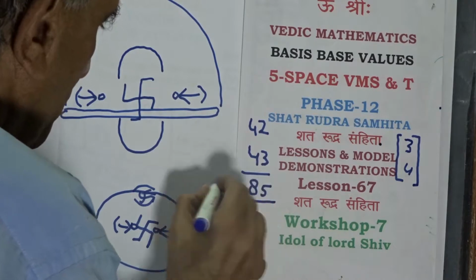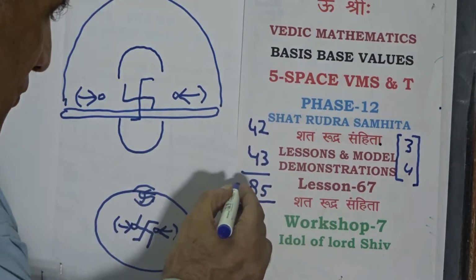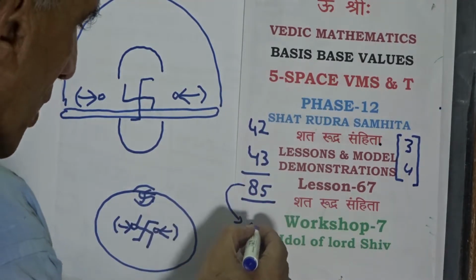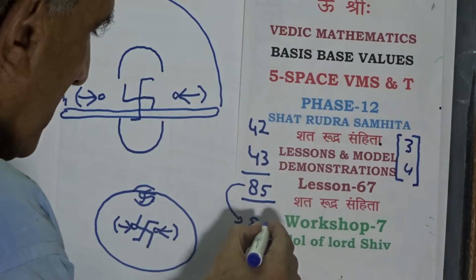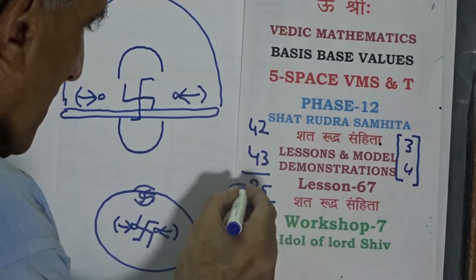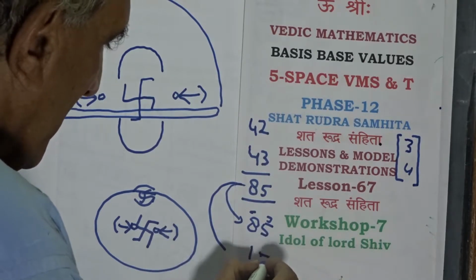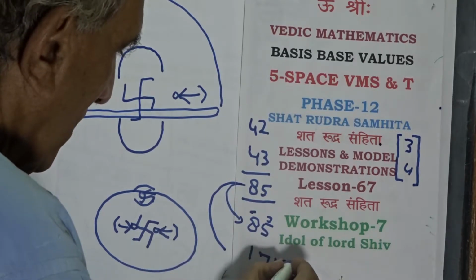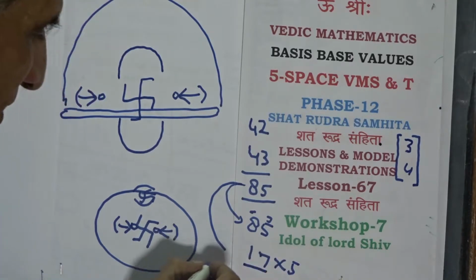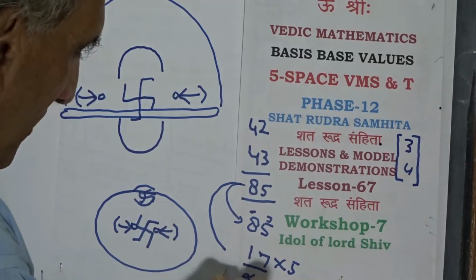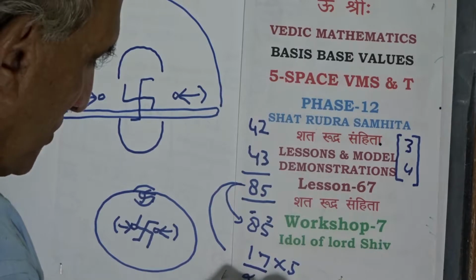We know that 85 is the value of 85 anuvaks of Sakala Rigved Samhita. Further, 85 is the value which accepts an organization as 17 into 5. We know 17 is the value of a Rudra, the incarnation of Lord Shiv.